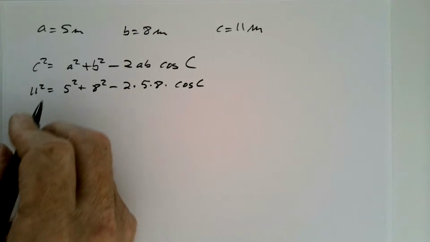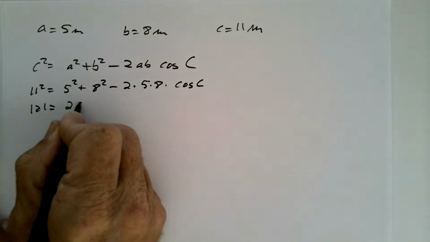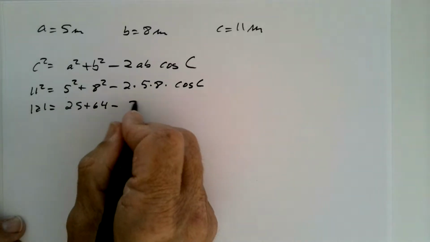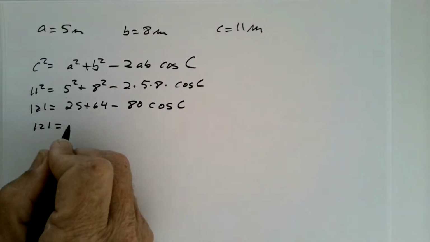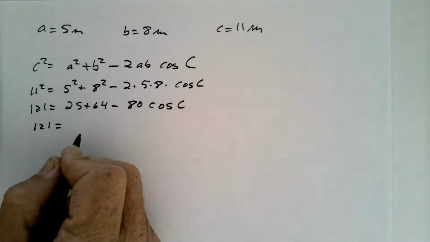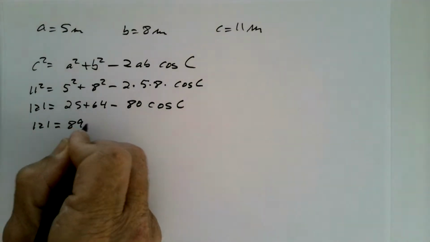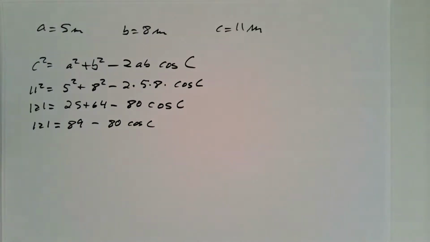So we get 121 is 25 plus 64 minus 10 times 8, minus 80 cosine c. So 121 equals 64 plus 25, which is what? Which is 89 minus 80 cos c.